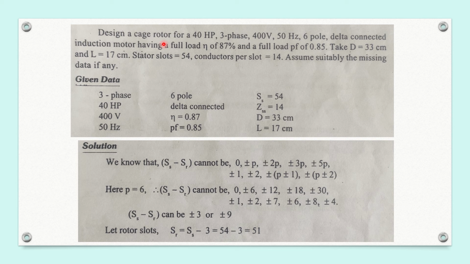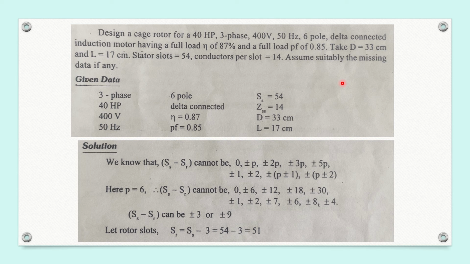So if we have to design a squirrel cage rotor, what all things we have to calculate? First of all, we have to fix the number of rotor slots, SR. Then we have to calculate the rotor bar current, then the area of cross section of the rotor bar.